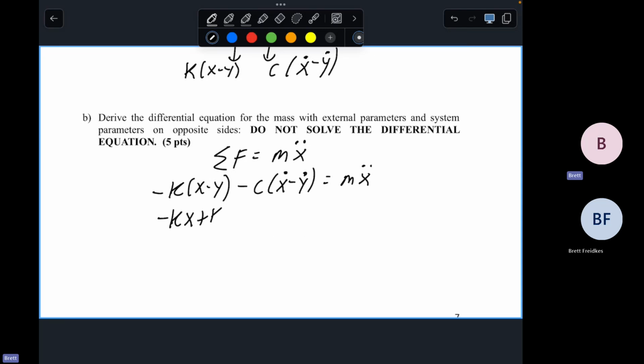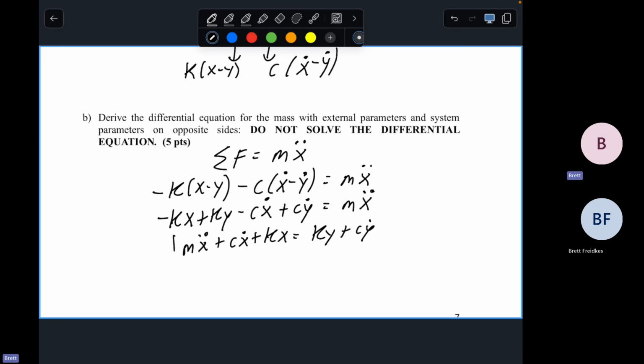Negative kx plus ky, that's subtracting, minus c x dot plus c y dot is equal to m x double dot. We'll bring all the x things to one side, and then we get our typical differential equation, where we have two forcing functions, ky and c y dot.